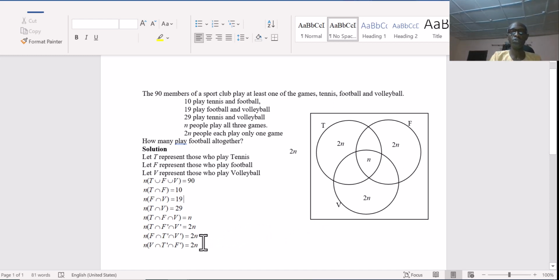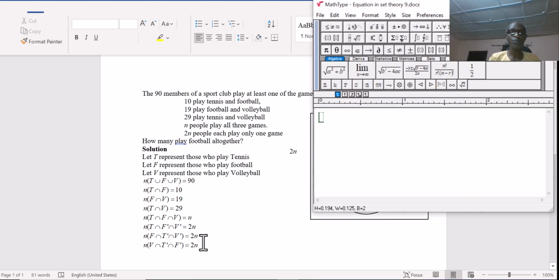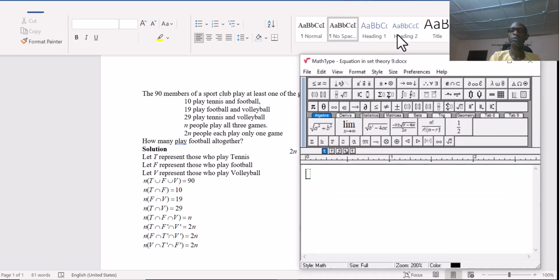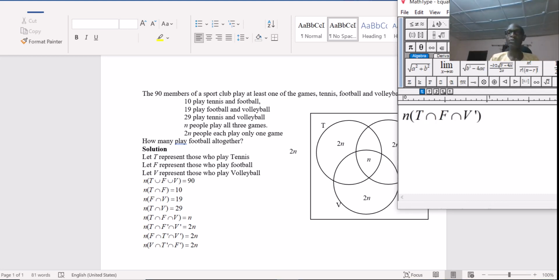Then the next one, those who are playing only two of the games. We need to represent that. Just bear with me, I want you to see the diagram. So we have T intersection F intersection V complement. That means they play tennis, they play football, but not volleyball.